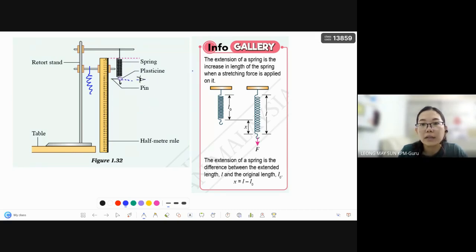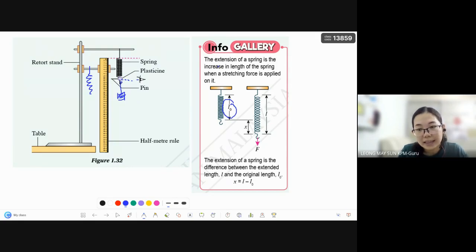So the extension of the spring is the increase in length of the spring when the stretch force is applied. What does it mean? It means that when there is nothing hanging onto the spring, that is known as the original length L naught. When we put load, or in other words, in the experiment, we put a slotted mass, the spring will get extended.